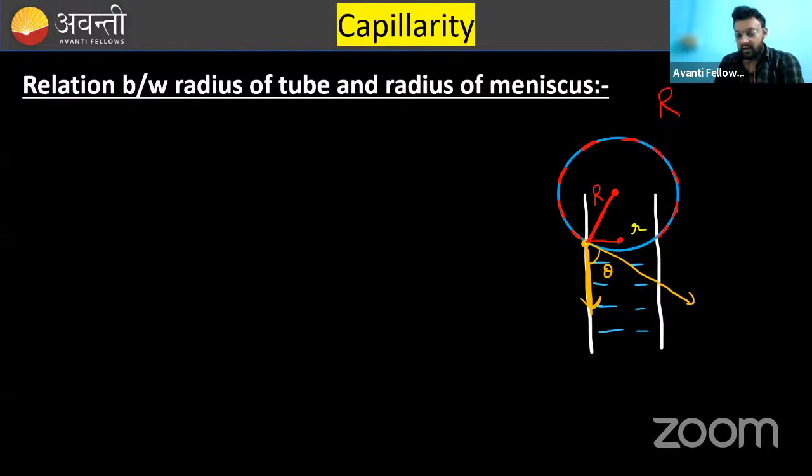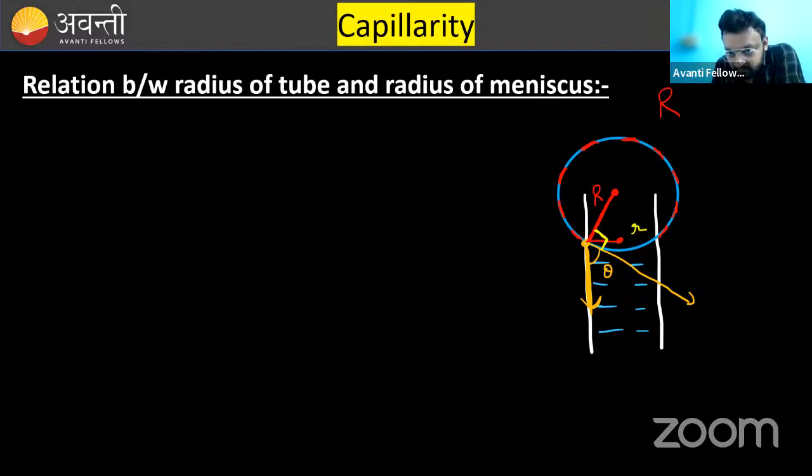You know one thing, that a tangent is always perpendicular to the radius. That means this angle, I will delete all the angles that I am drawing, this angle is 90 because this is the tangent on the liquid and this is the radius of the meniscus. So both of these should be perpendicular.